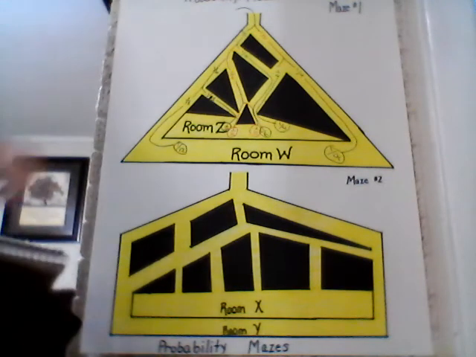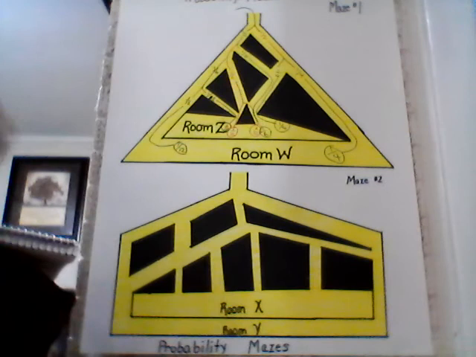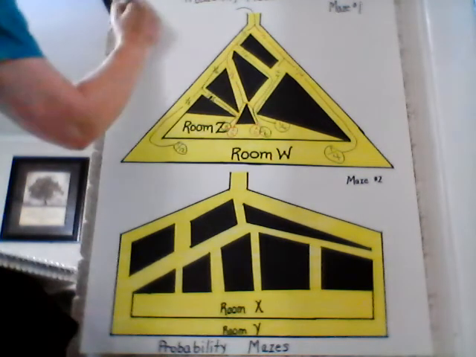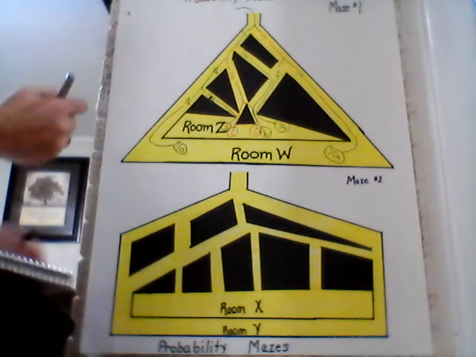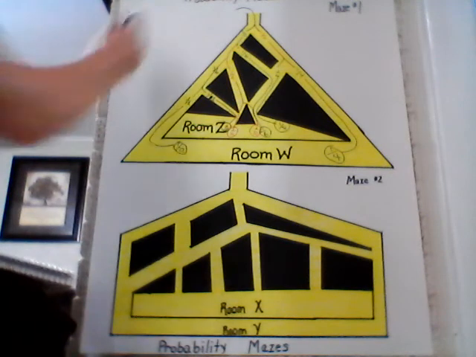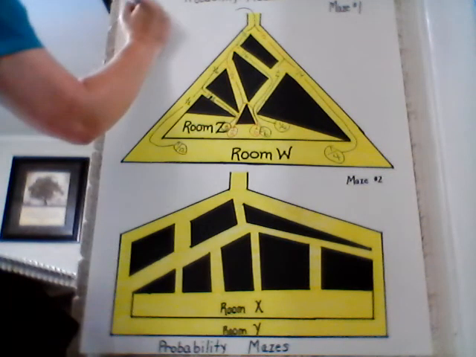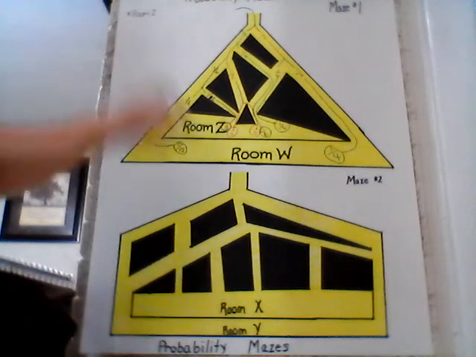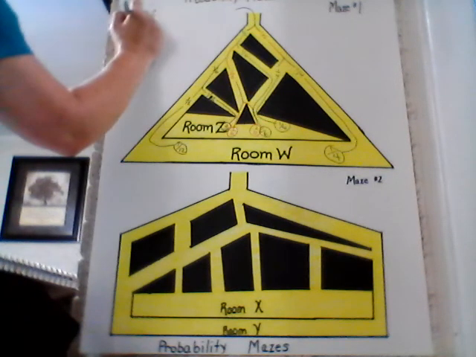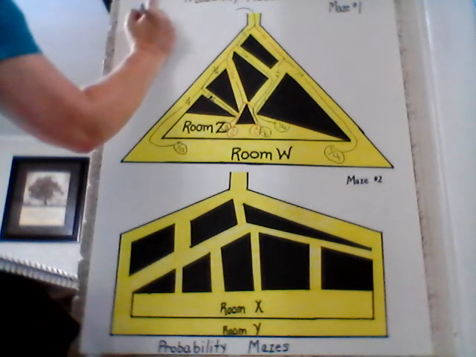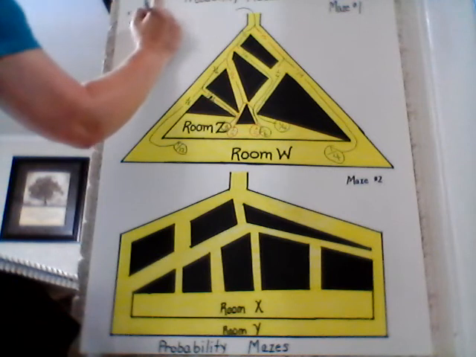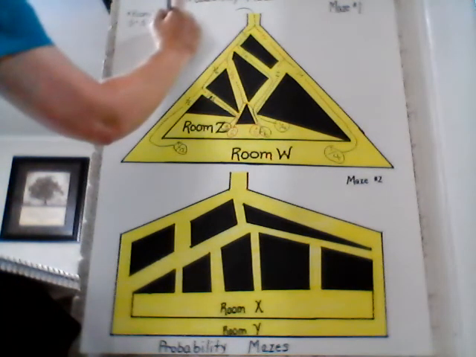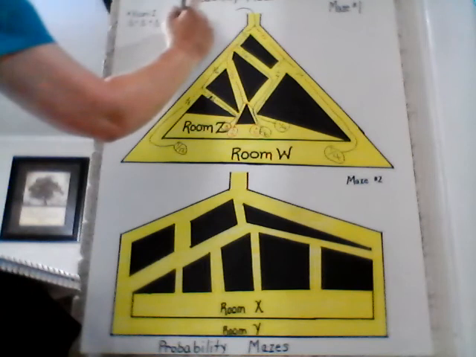Now we can find the theoretical probability of each room. So we're going to start with room Z. Inside room Z, we have a 1/12 plus a 1/12 plus a 1/12 plus a 1/6 plus a 1/4.